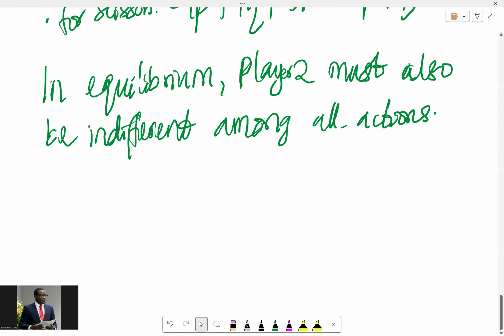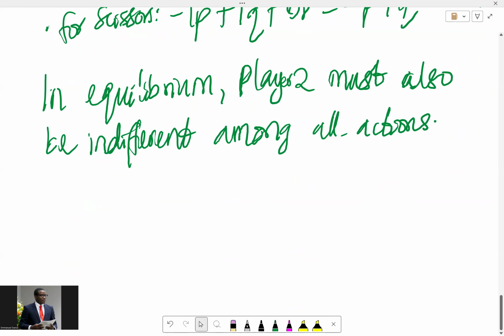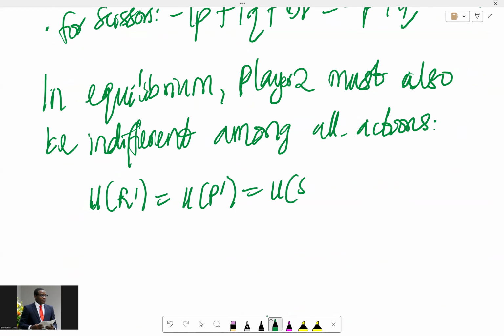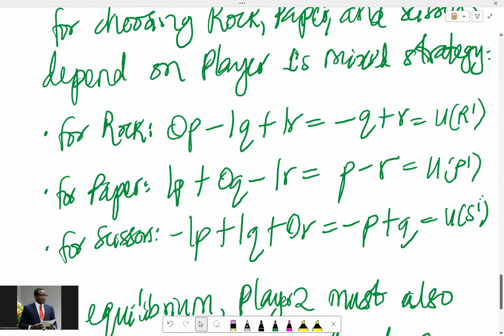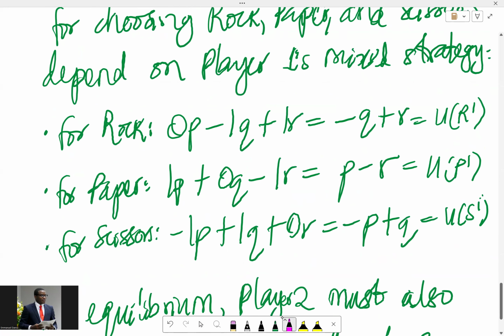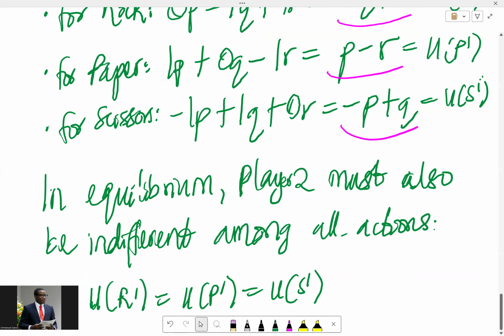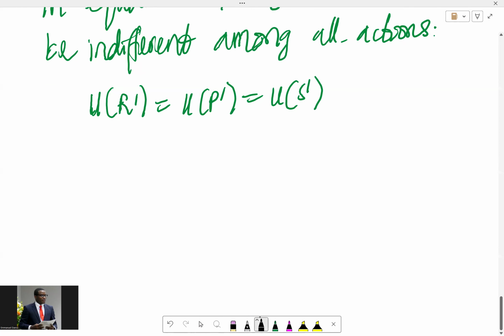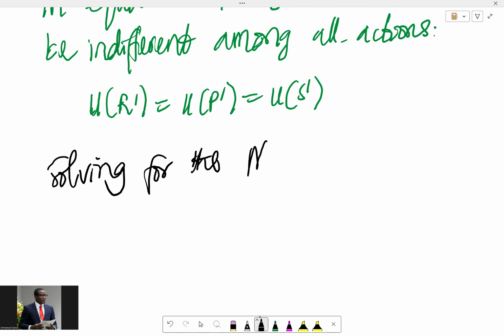So in that case now, since player 2 must also be indifferent among all actions, it simply means that U of R prime is equal to U of P prime is equal to U of S prime, meaning that this is equal to this is equal to this. That is going to help us at the next stage of this whole thing. So let's now go to solving for the mixed strategy. So we want to get those probabilities P, Q, and R.